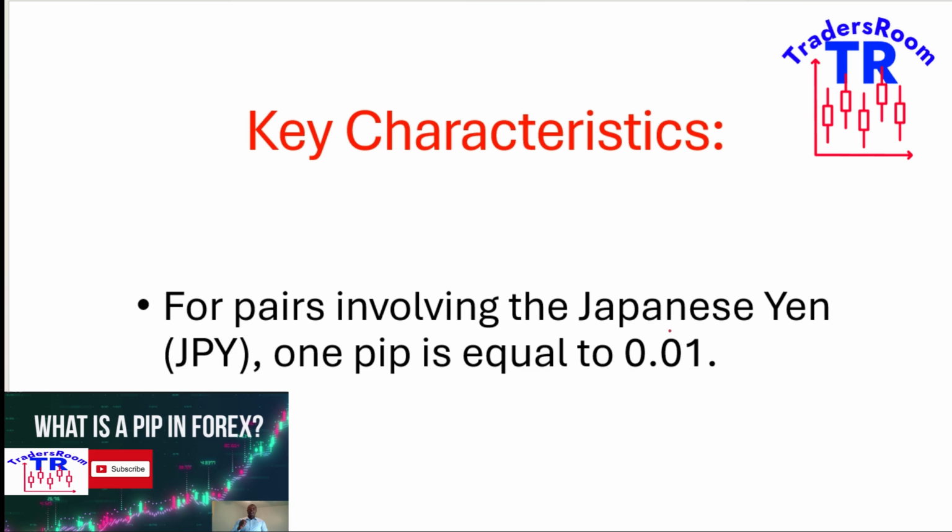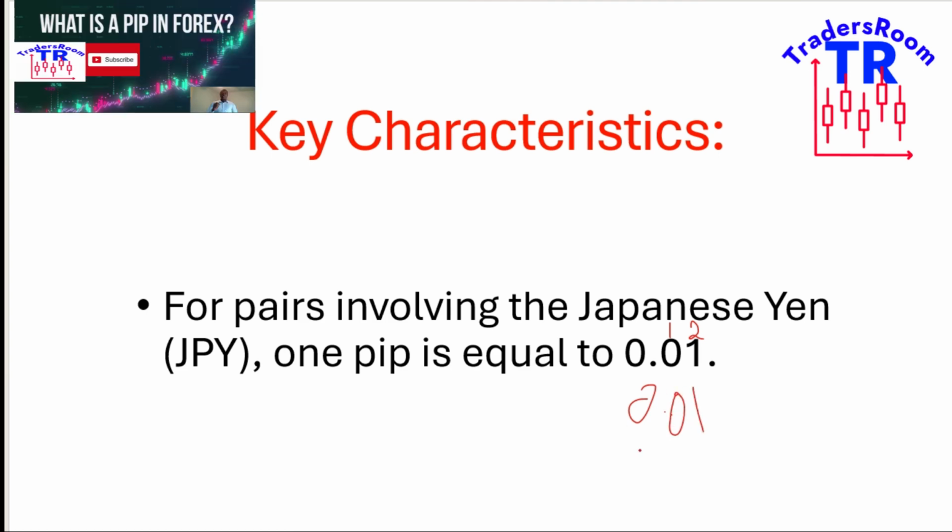So you see, after the decimal here, we have the first one and we have number two. So that is the pip. So when you say 0.01, you simply mean 1 pip in any pair that has to do with the Japanese yen.